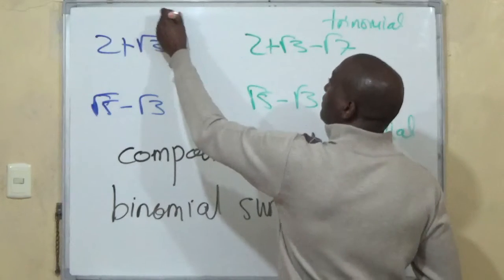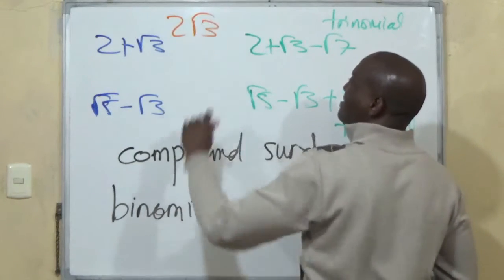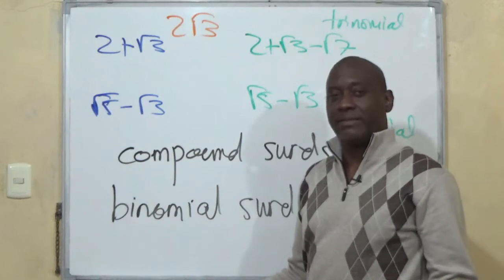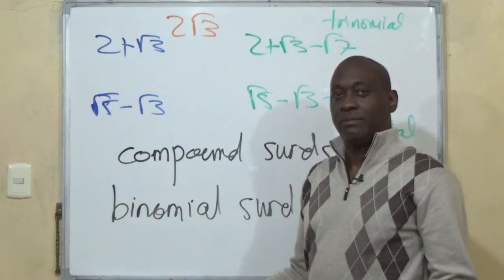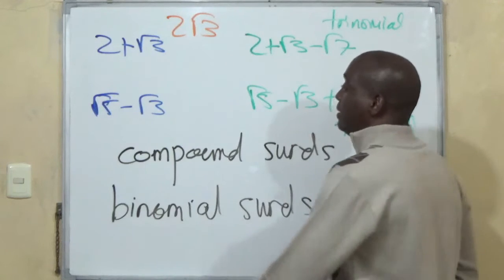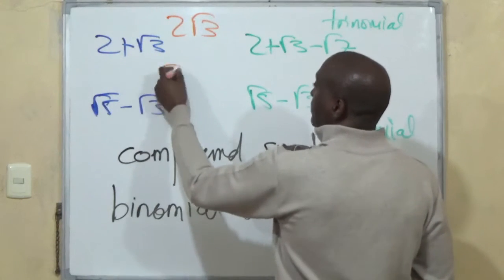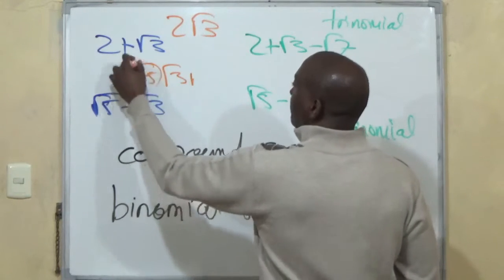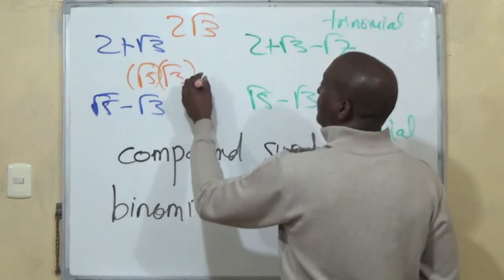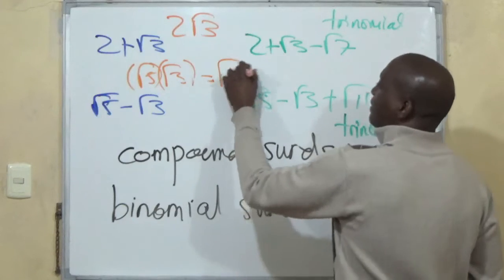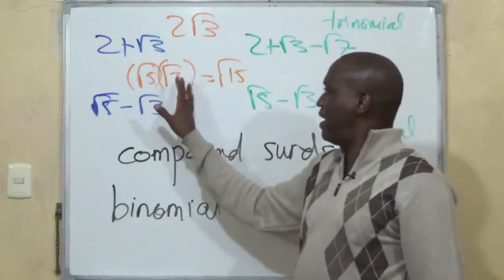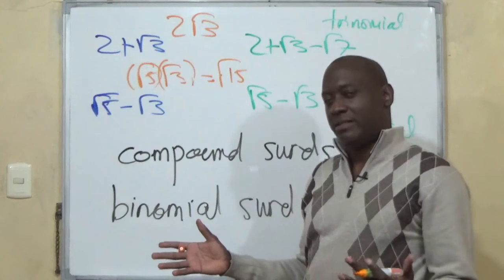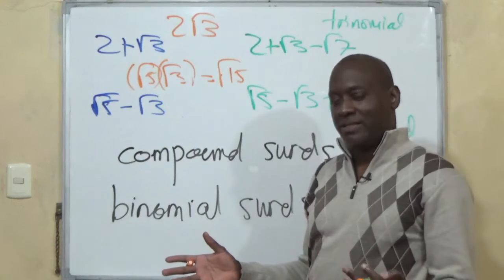2 root 3 is not a binomial surd, that's a mixed surd. Root 5 by root 3 is root 15. So root 5 multiplied by root 3 is not a binomial surd.